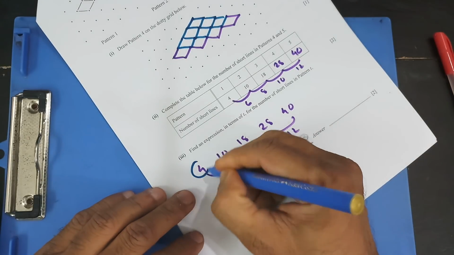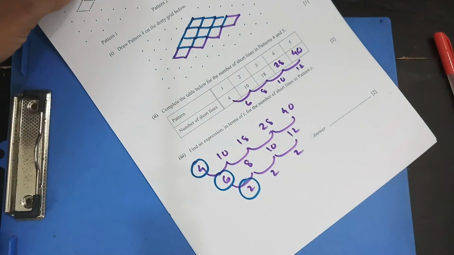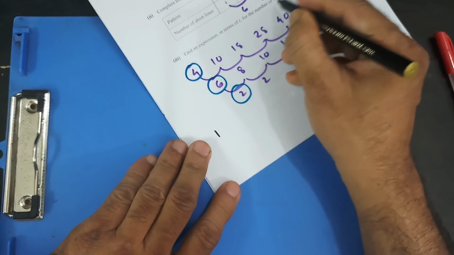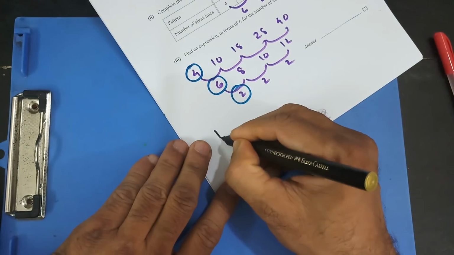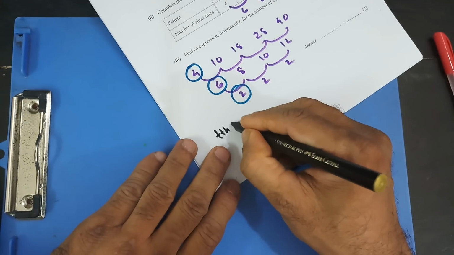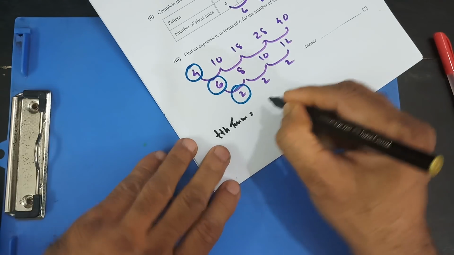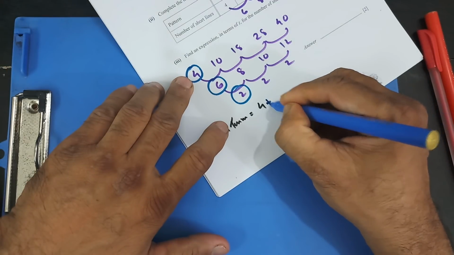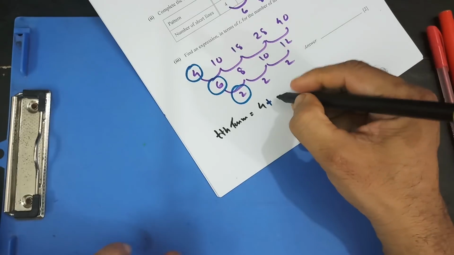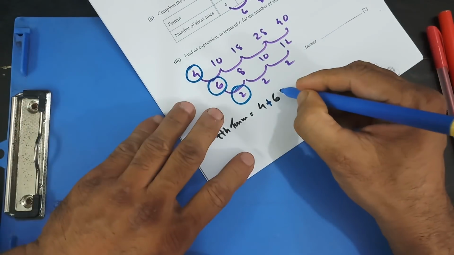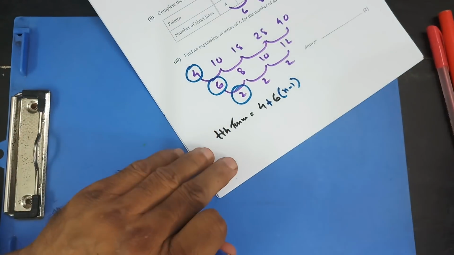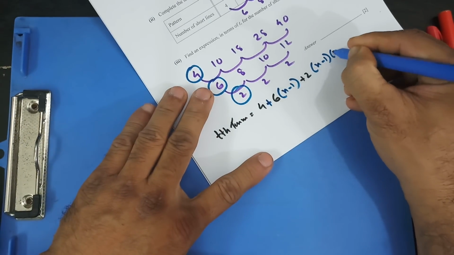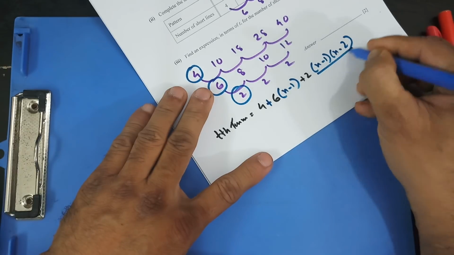Again like before, I'm going to circle all this, and then the nth term, it says the tth term, is going to be 4, then plus 6, and from the formula n minus 1, then plus 2, n minus 1, n minus 2 divided by 2.